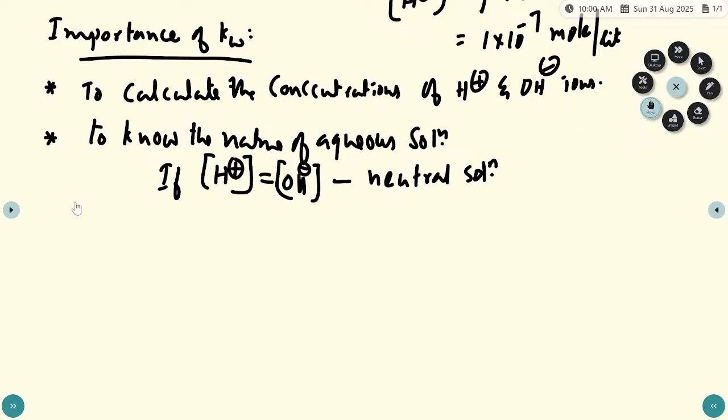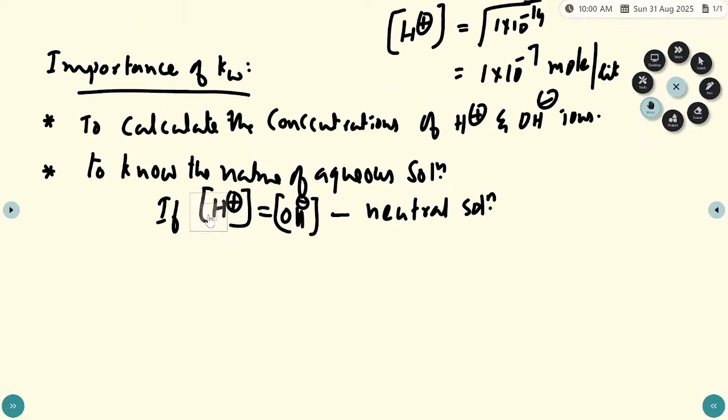If the concentration of H plus ion is greater than the OH minus ion concentration, what is the nature of the solution?